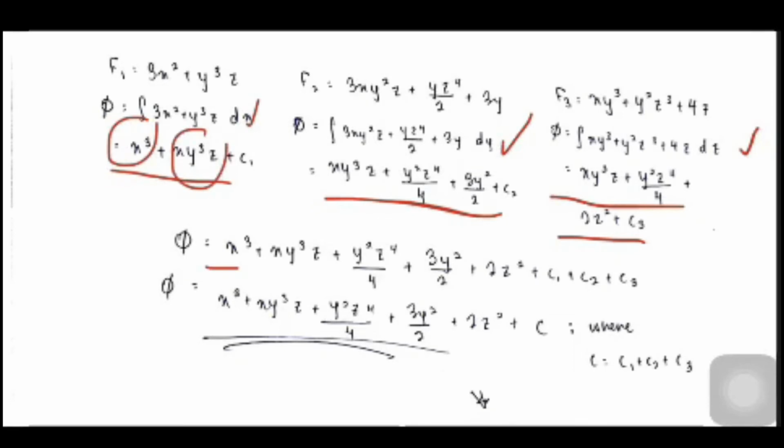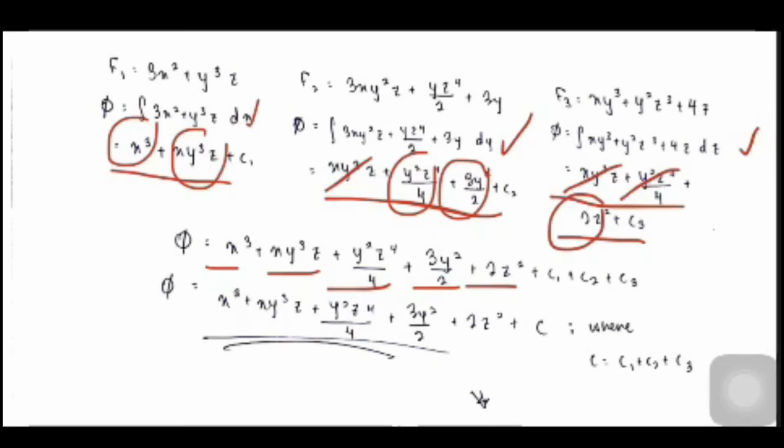We just take it once, so we don't take this repeated term, plus y squared z to the power of 4 over 4. We don't take this, plus 3y squared over 2 plus 2z plus c1, c2 and c3.